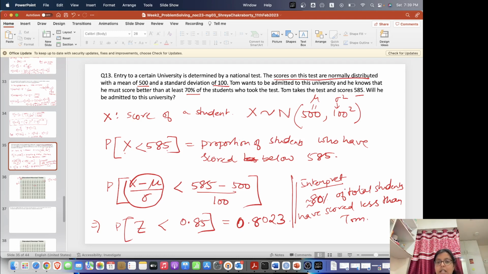In other words, he has scored better than 80% of the students, and he had to score better than 70%. That was the criteria. So the answer is yes, he'll be admitted.